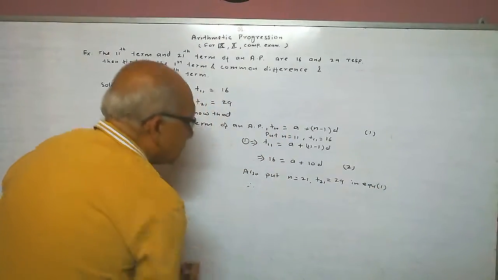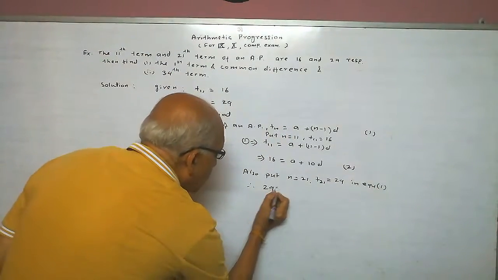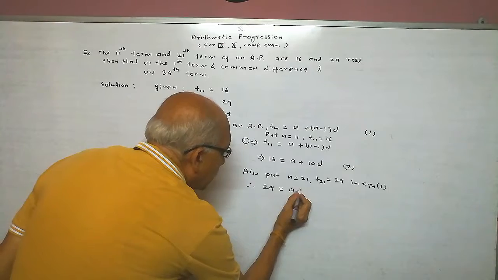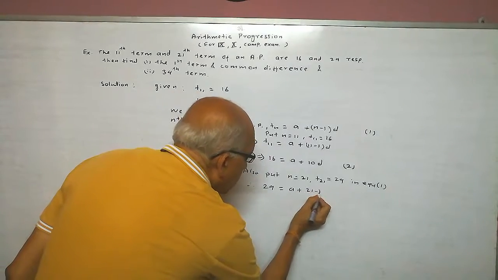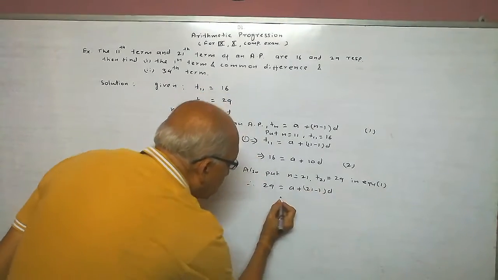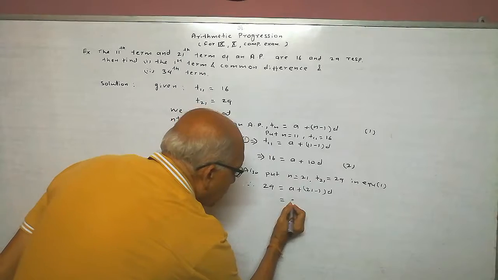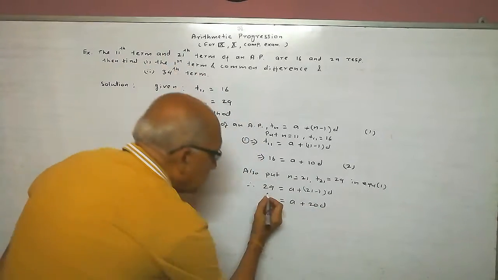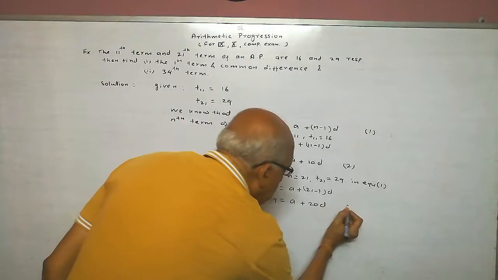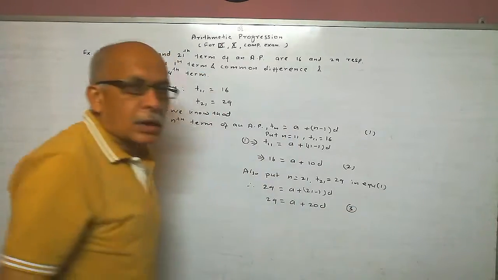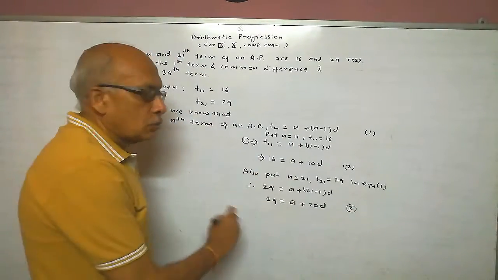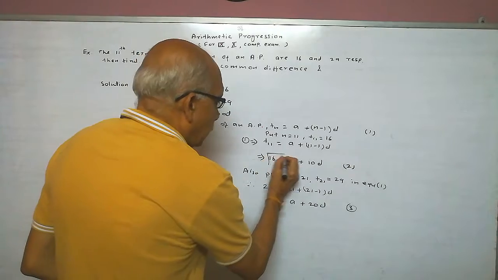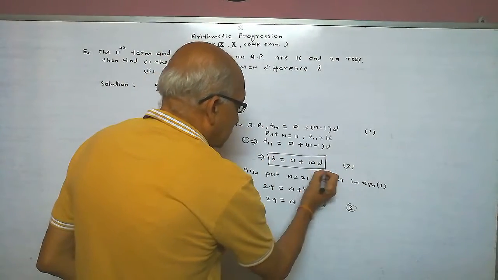So we can write 29 is equal to a plus (21 minus 1) into d. Simplify further, so it will be a plus 20 into d. So this is the third equation. Now these two equations we have to solve simultaneously for a and d.